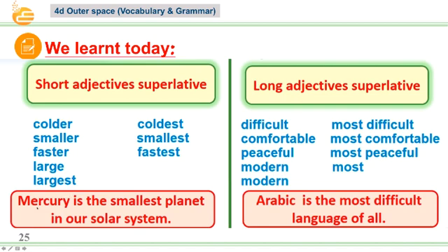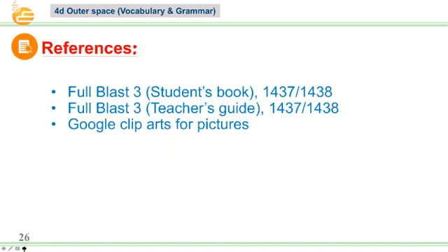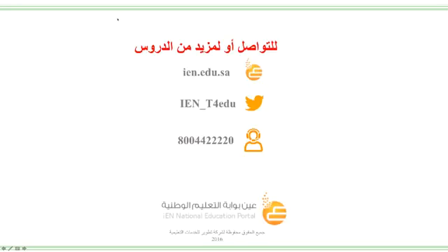Like this example, Mercury is the smallest planet in our solar system. Smallest. But in the long one, we use the most. We use here est and here the most. Don't forget that. Okay? The end of our class. Thank you, everybody. See you next time. Goodbye.